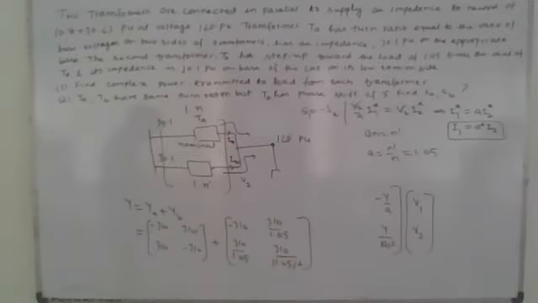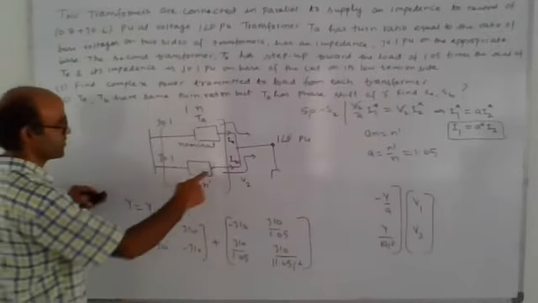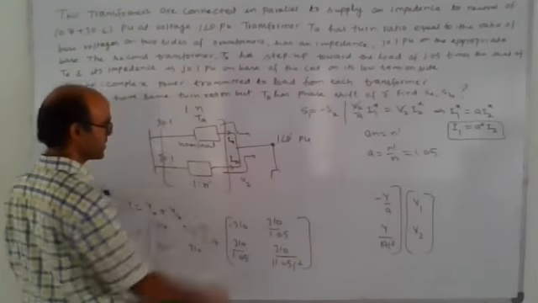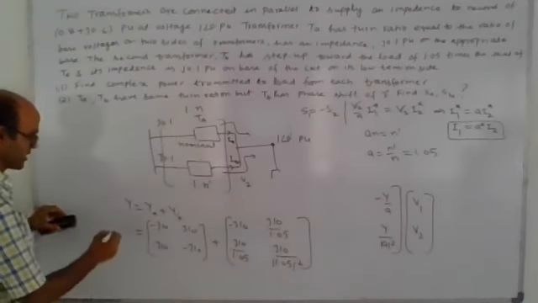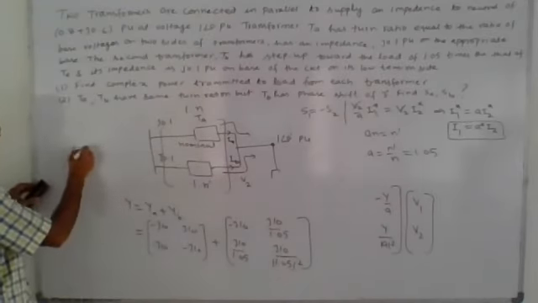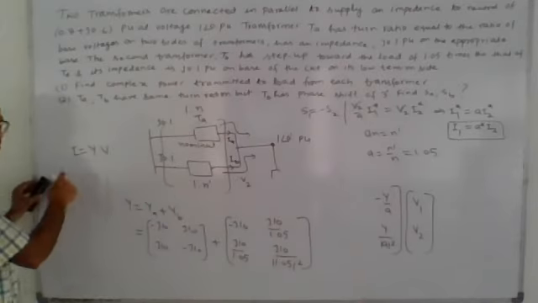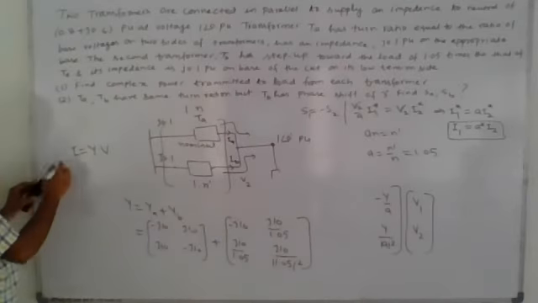From this, you have to write only, because we are finding I2. So this is I equal to Y into B, this form. So first term is I1, second is I2.